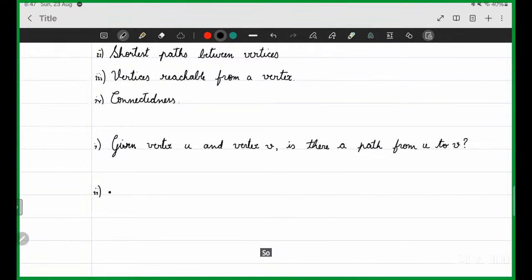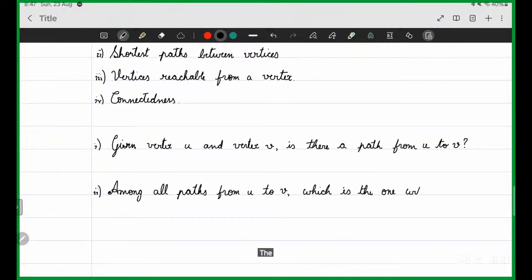So among all paths from U to V, which is the one with minimum cost, right? This is a reasonable question.